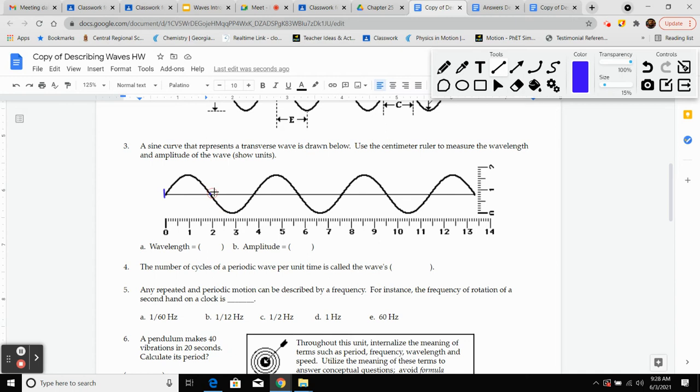So 1, 2. This is where we would draw our line straight down. And what is that at? 3 point, this is 5, 6, 7, 8. So we would say 3.8. It's in centimeters.